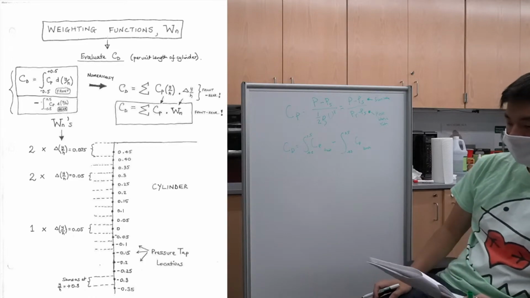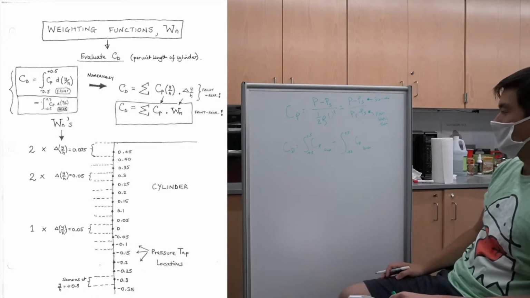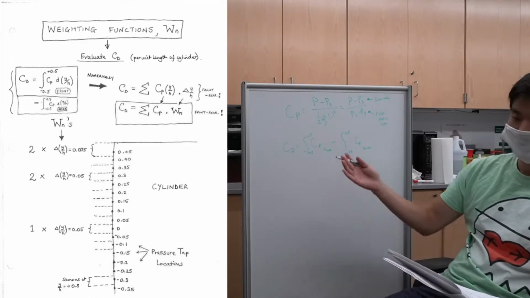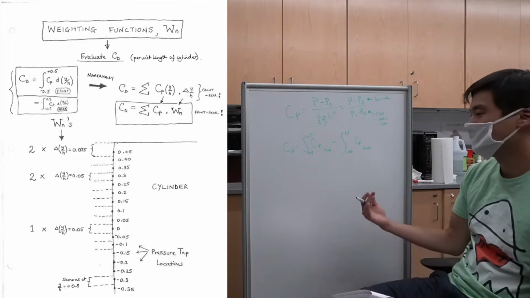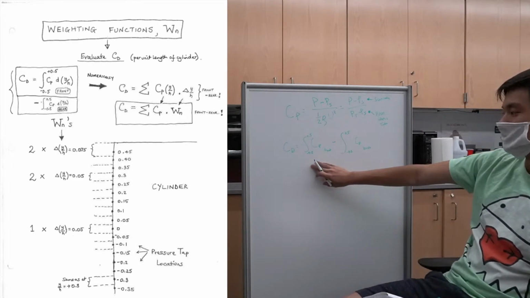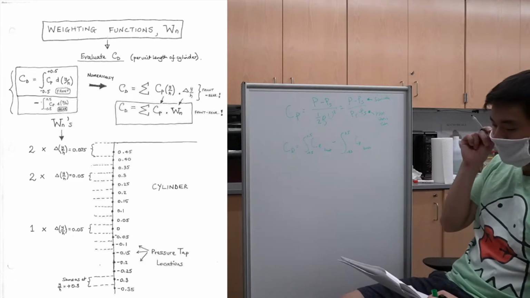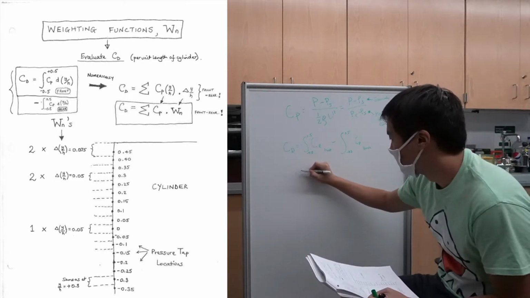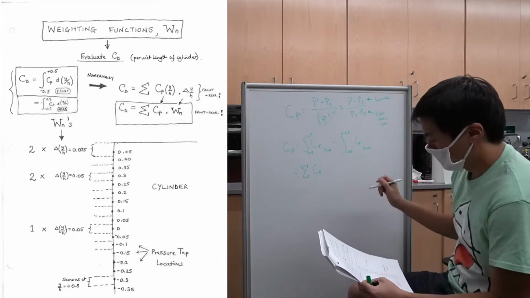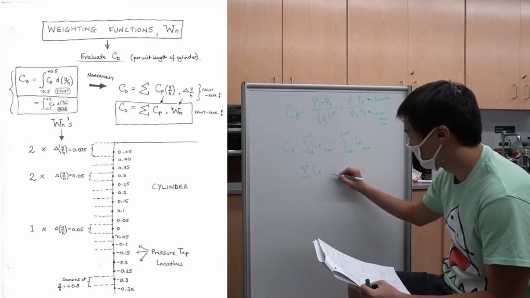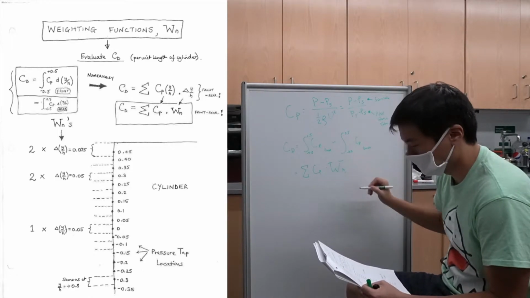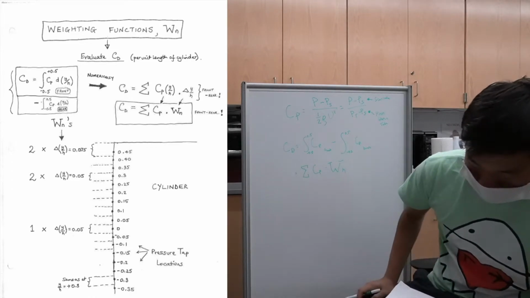But obviously, we don't have continuous data, we don't have an infinite number of points, we have a finite number of points. We have discrete data, we can't just integrate, so we have to use discrete integration. To do so, we are essentially just going to sum up our pressure coefficients multiplied by a weighting function. And this is all in your lab manual.